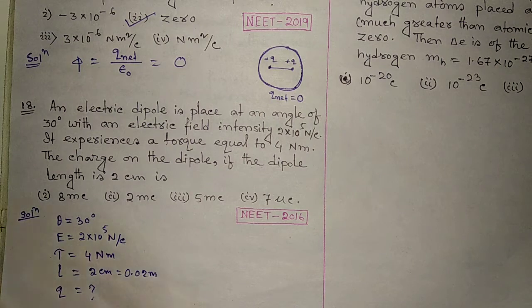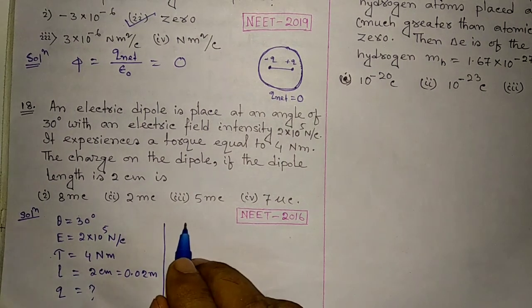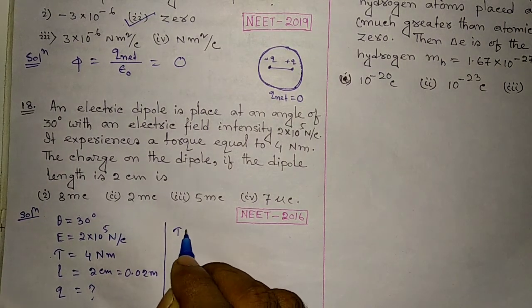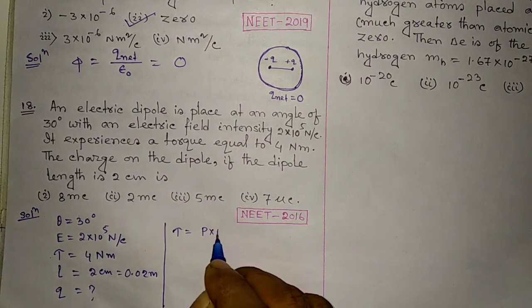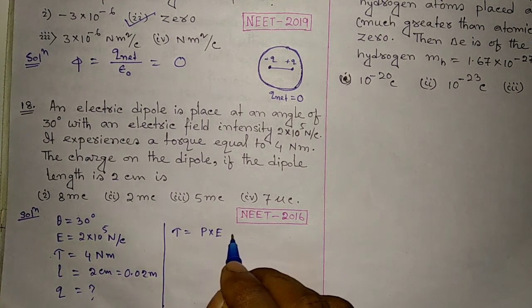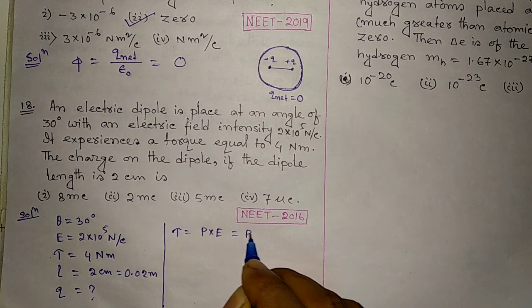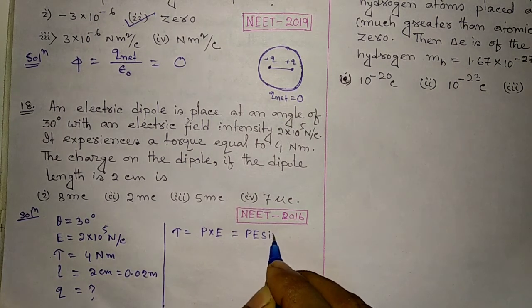Now we know the formula: tau is equal to P cross E, so it is equal to P E sin theta.